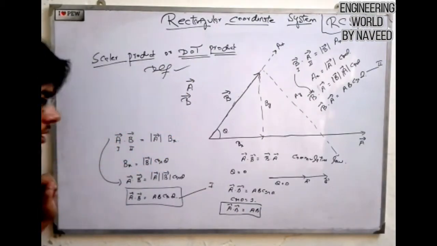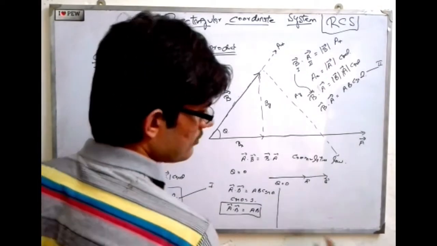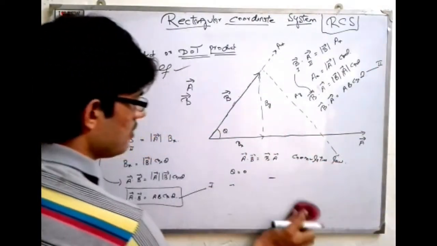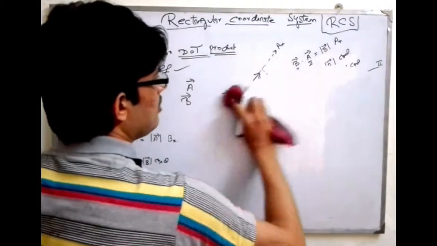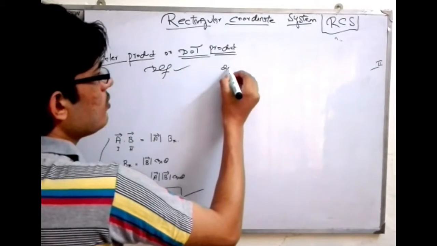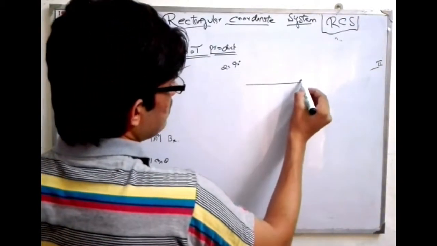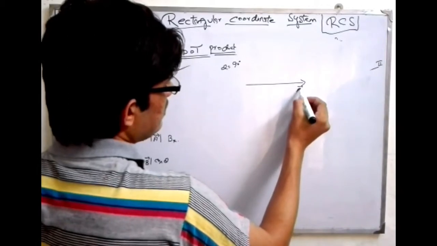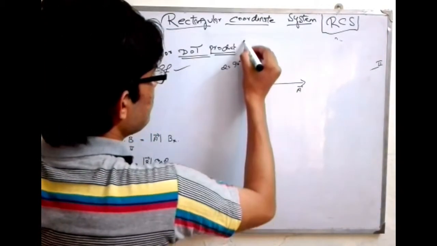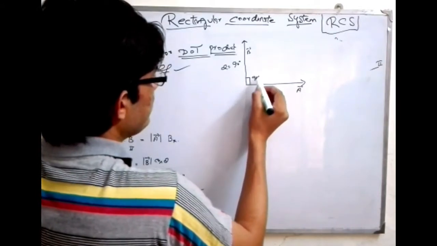Now if theta is equal to 90, this is my vector A, so the vector B will be in this direction, so theta will be equal to 90.